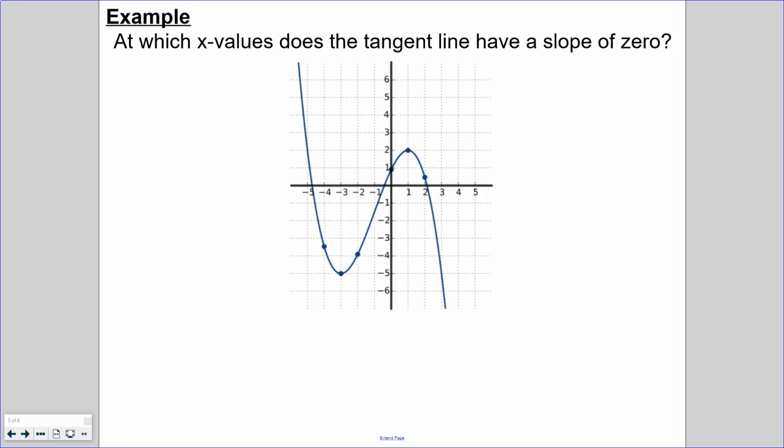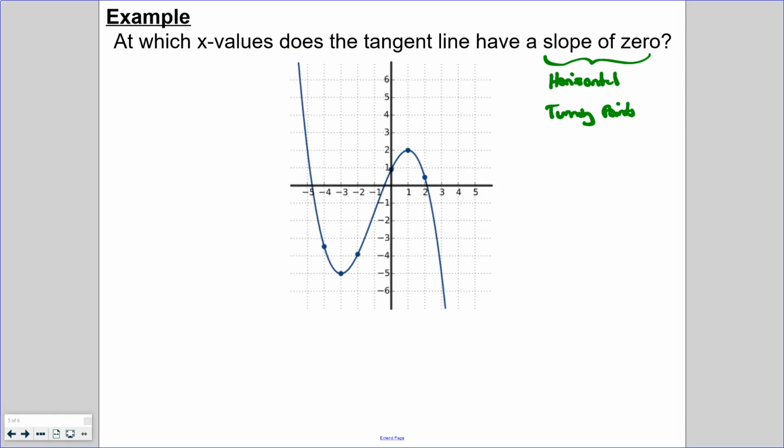Alright, next up, the question says, at which x values does the tangent line have a slope of 0? So, let's remember, slope of 0 means that we are looking for horizontal tangent lines and turning points.